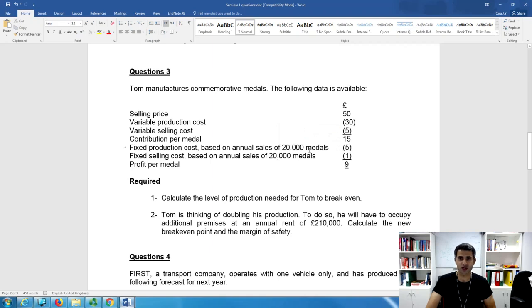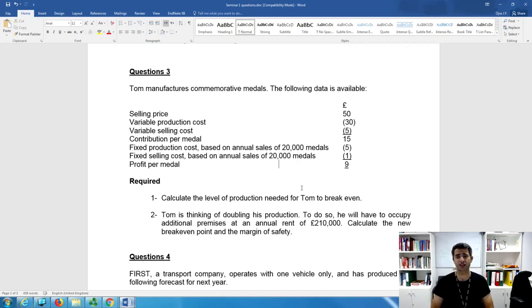So 5 times 20,000 is £100,000 fixed production cost, and we have a fixed selling cost of £1 times 20,000 medals, which is £20,000. If you combine them together, the total fixed cost would be £120,000.